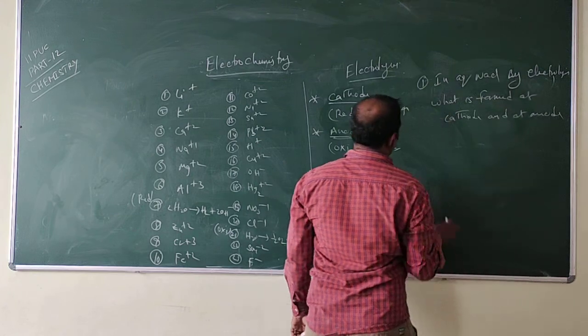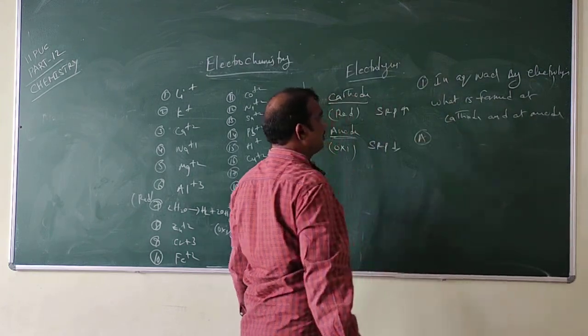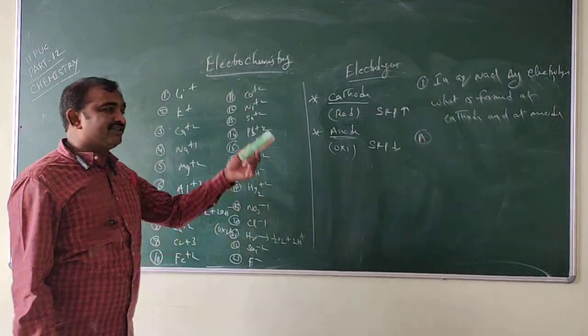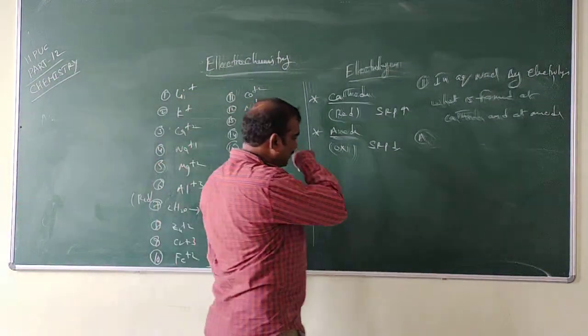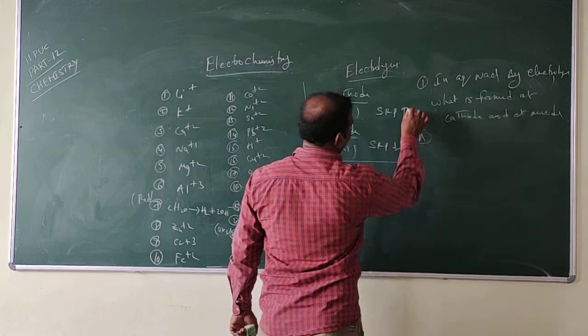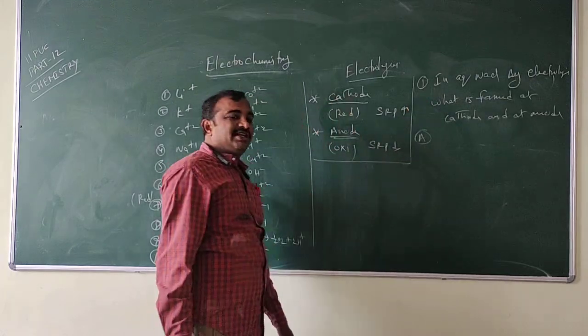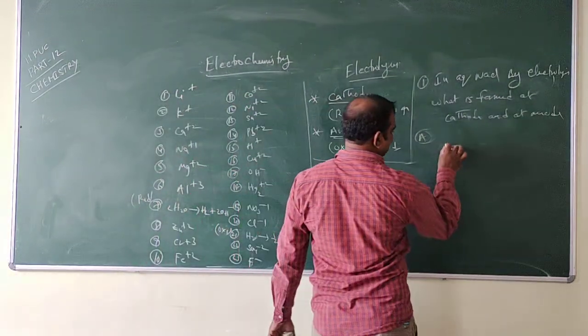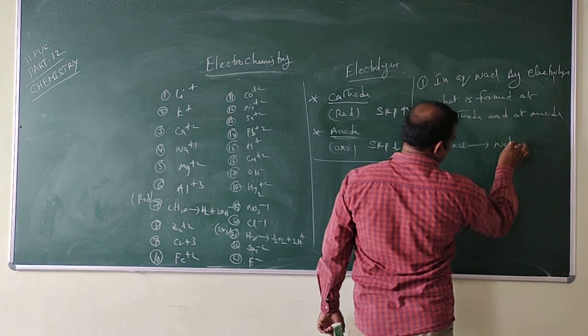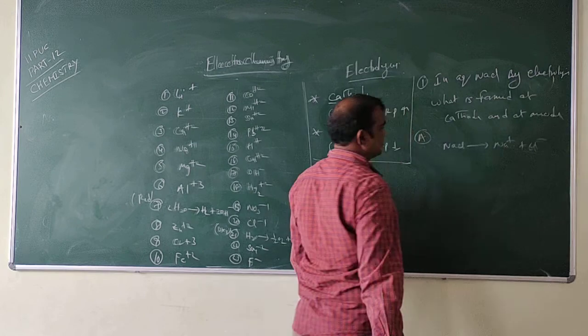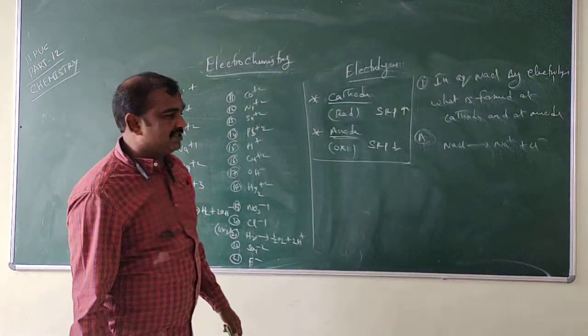This is the question. See, look here. Aqueous NaCl. Here we can write the answer. NaCl aqueous, how does NaCl split? NaCl splits as Na+ and Cl-. Cathode.